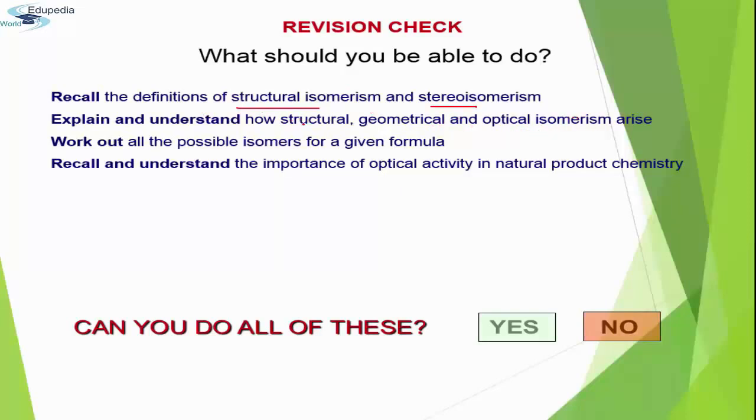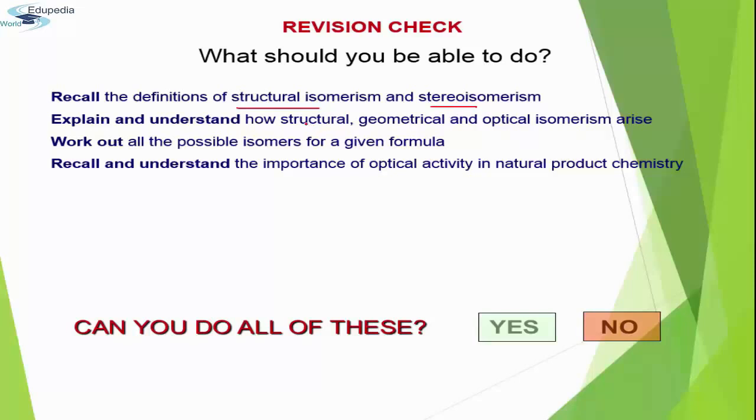Okay, structural isomerism, molecular formula same, but the structural formula will be different. There are 4 different types: chain isomer, the carbon chain will be different. Next is position isomer. The position of the functional group will be different.